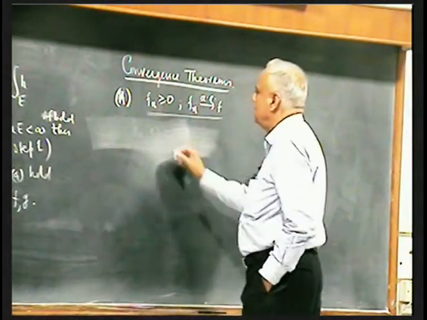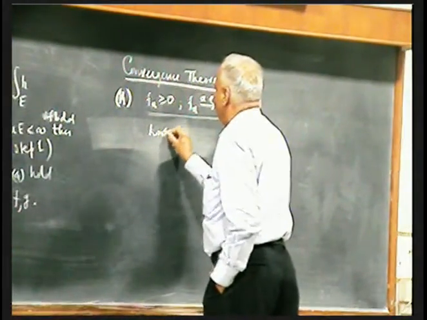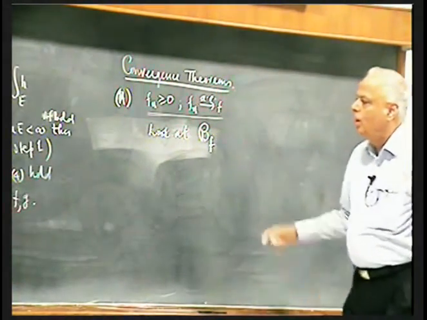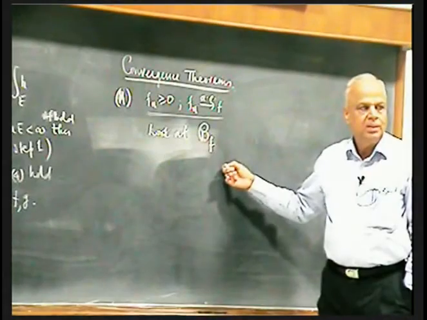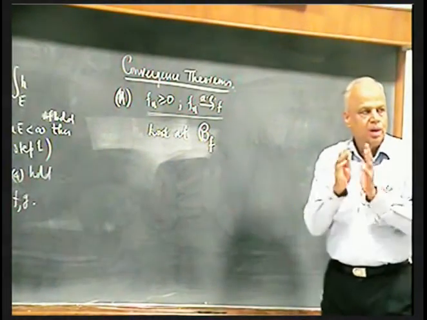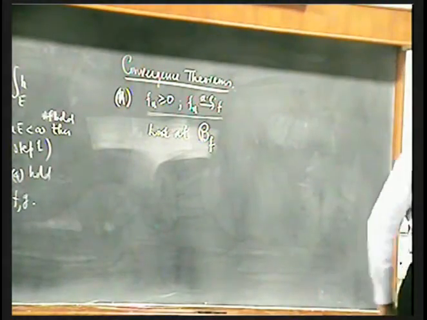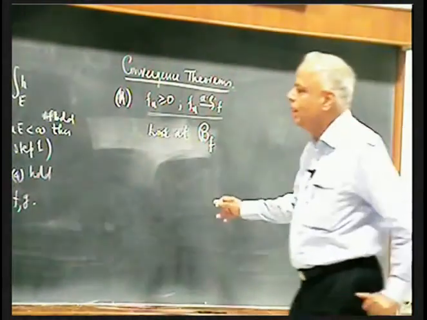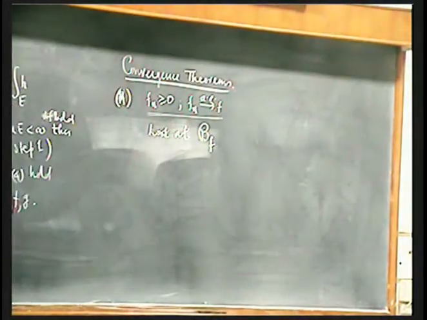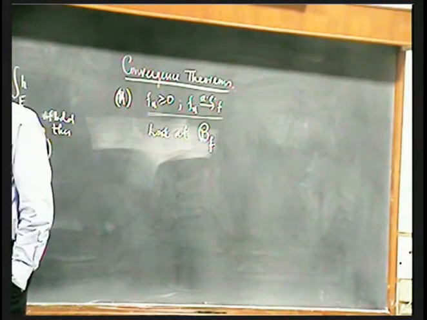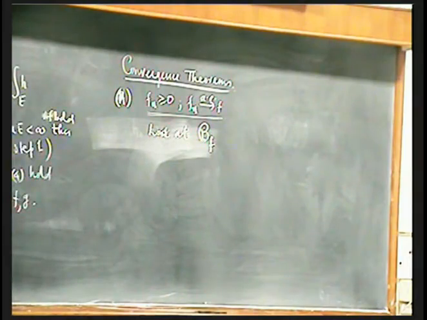Now I look at B_f. What is B_f? All those bounded functions which are non-zero only on a finite measurable set and are dominated by f. Remember, B_f is all those functions which are bounded, they are non-zero only on a finite measure set, and h is less than or equal to f.